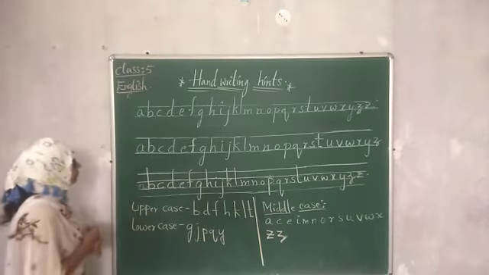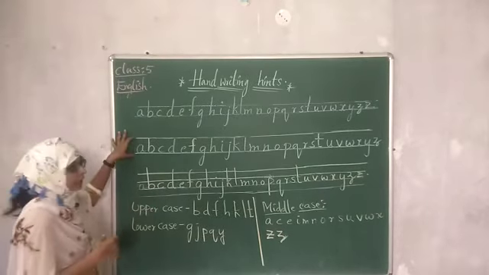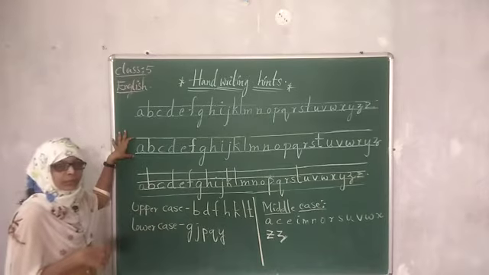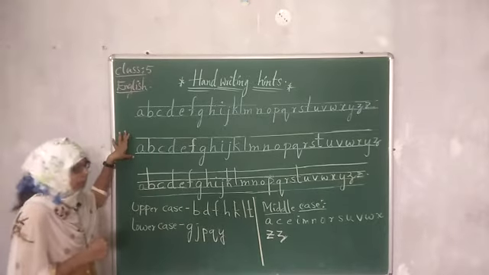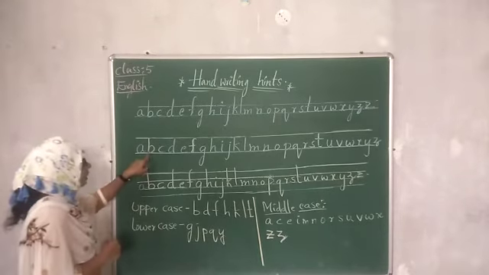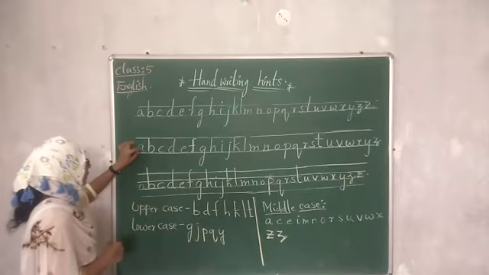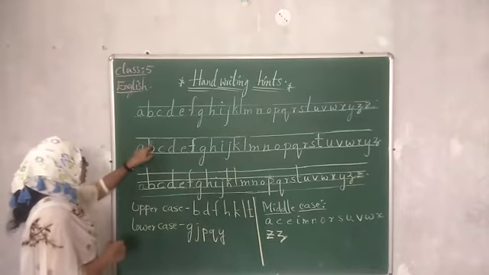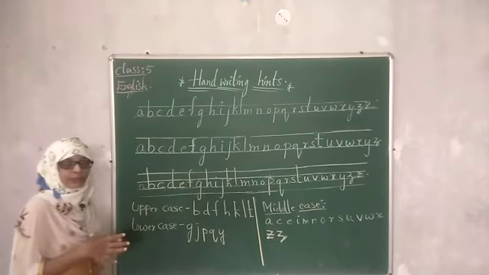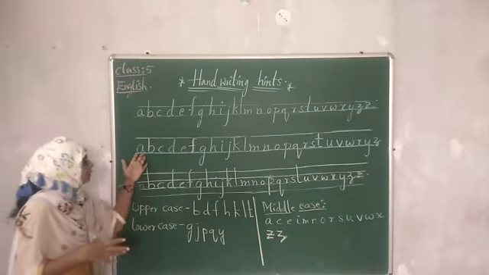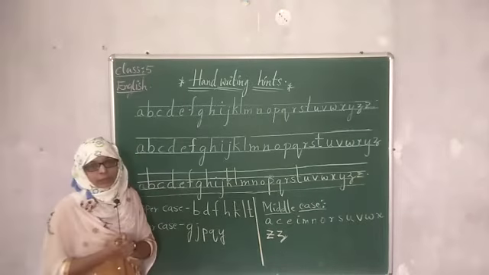For example, let's look at this. We are doing this in single rule. If we are writing in single rule, see what the uppercase letters are. See, there is a difference between writing on the board and writing in the book.